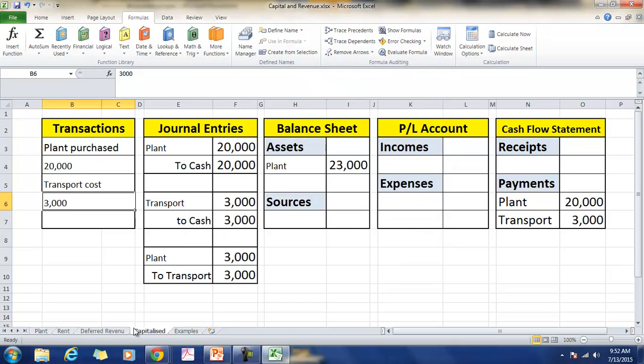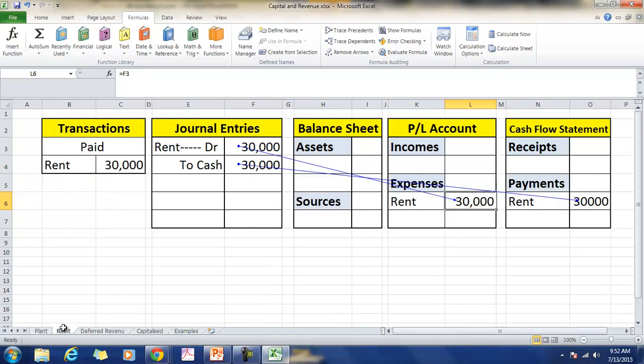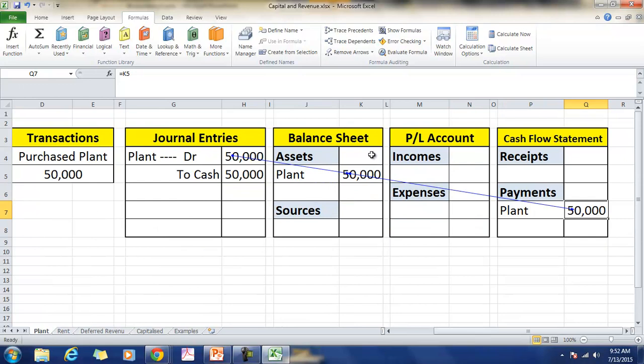So this is a capitalized expenditure. Deferred revenue expenditure is partly transferred to the income statement, partly transferred to the balance sheet. The revenue expenditure is fully transferred to the income statement, and capital expenditure is fully transferred to the balance sheet.